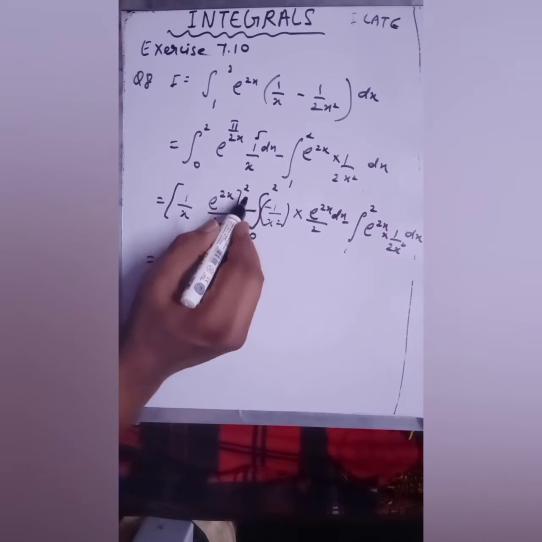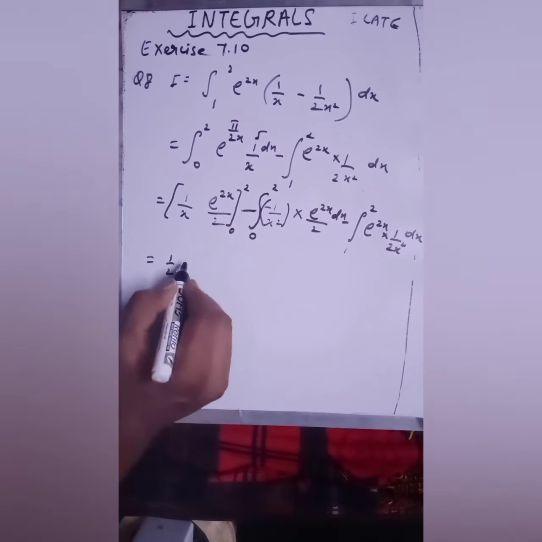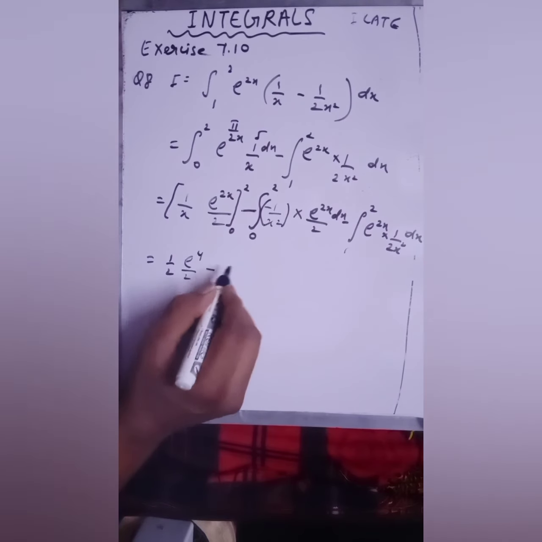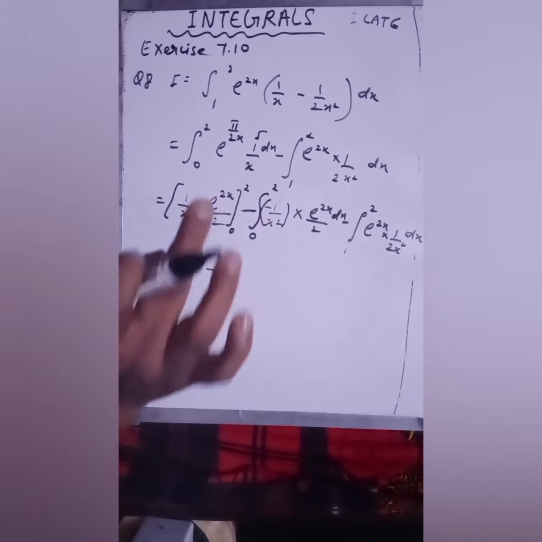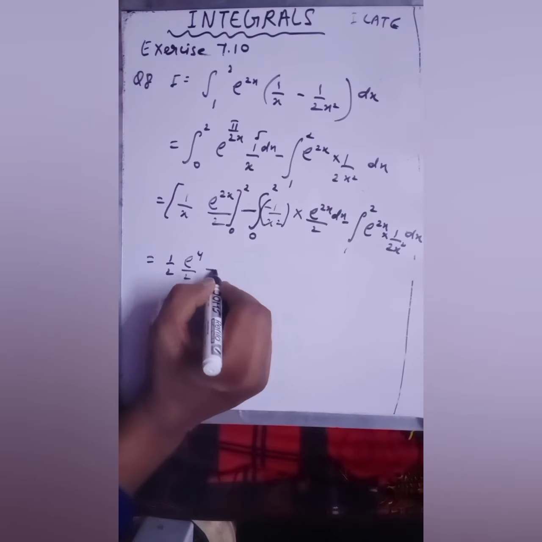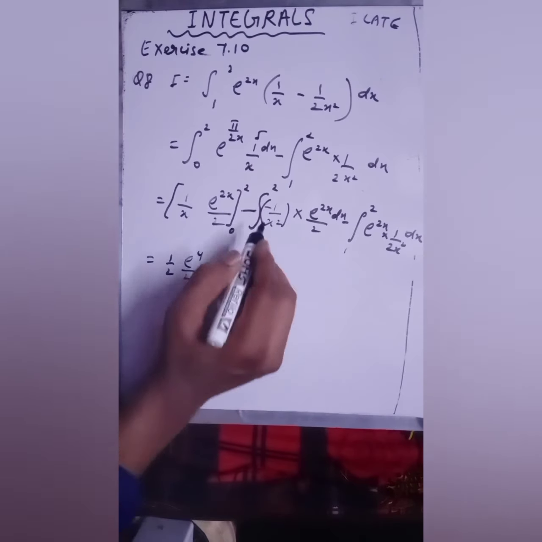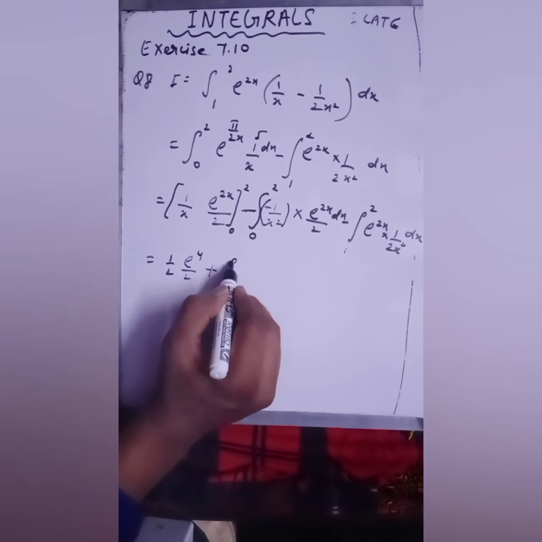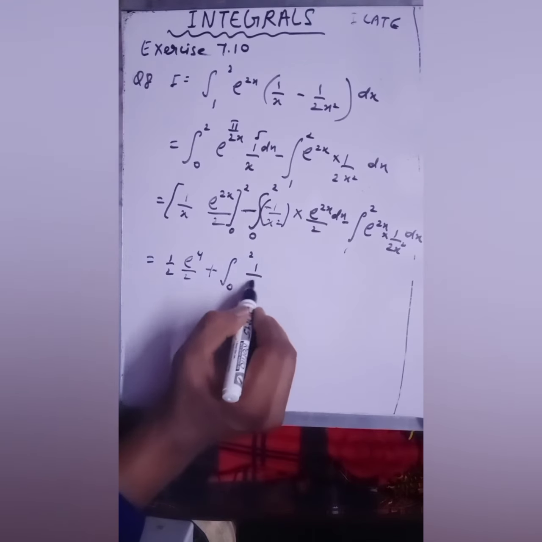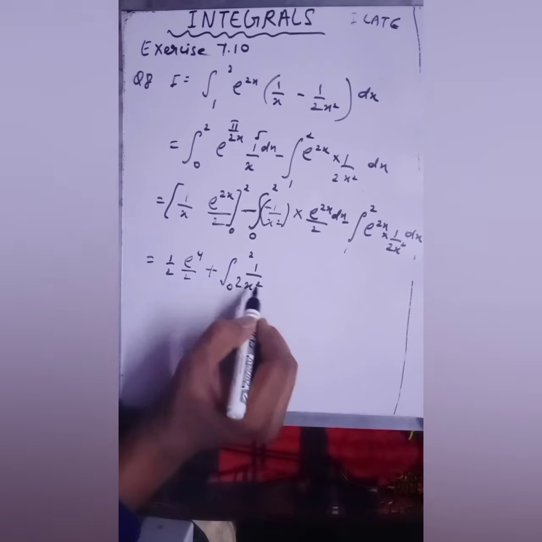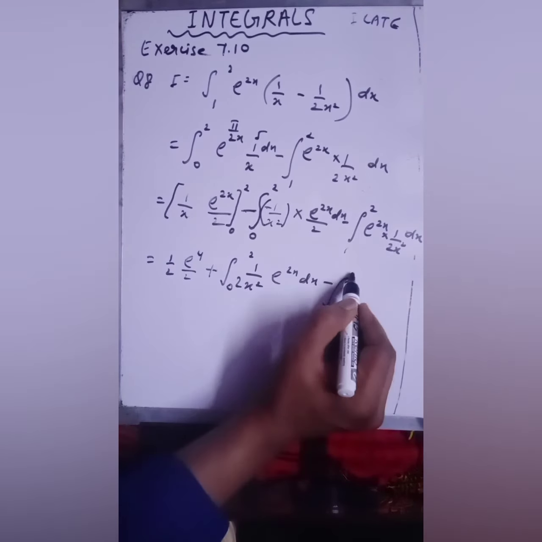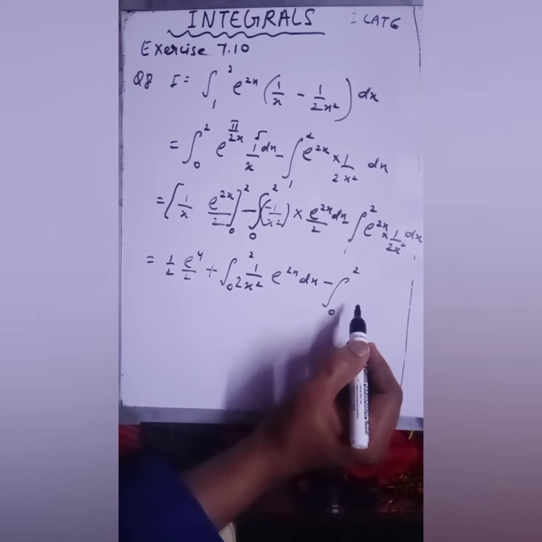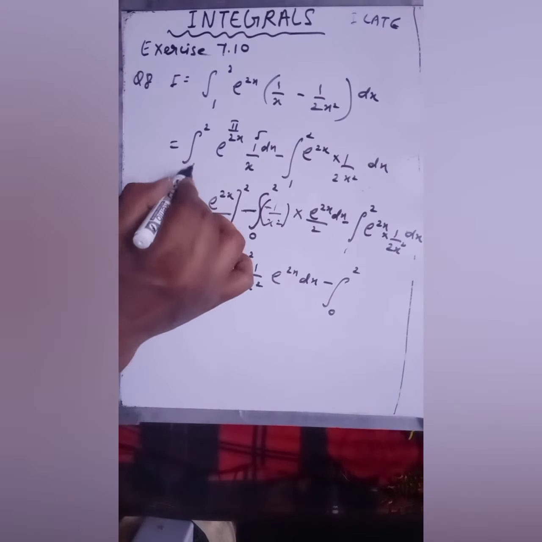So here I am just putting this value, it is 1 by 2 e raised to power 4 over 2 minus, now 0 you have to put, so this will be 0, no need to put 0 here, okay, minus, this would be plus, because minus and minus will be plus, and you will get 0 to 2, 1 by x square 2 e raised to power 2x into dx minus 0 to 2, here the limit is 1 to 2.